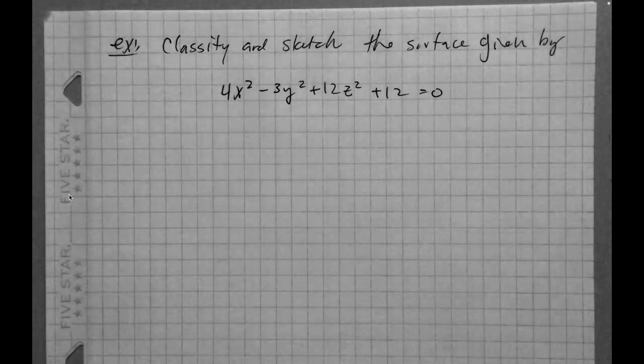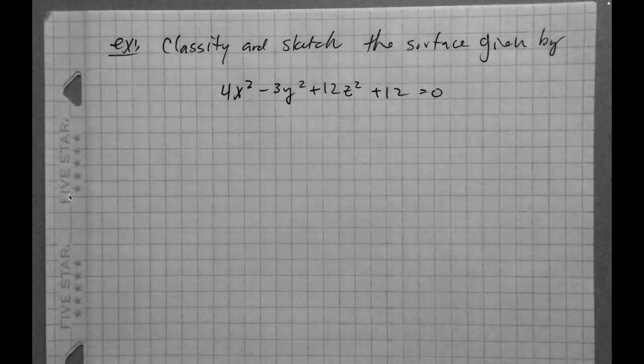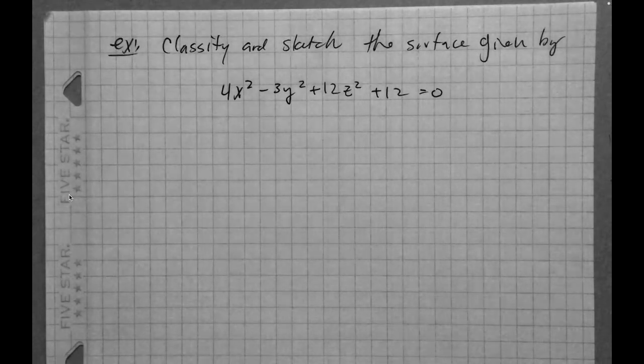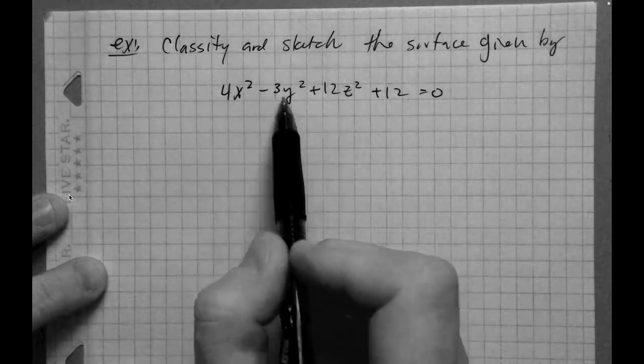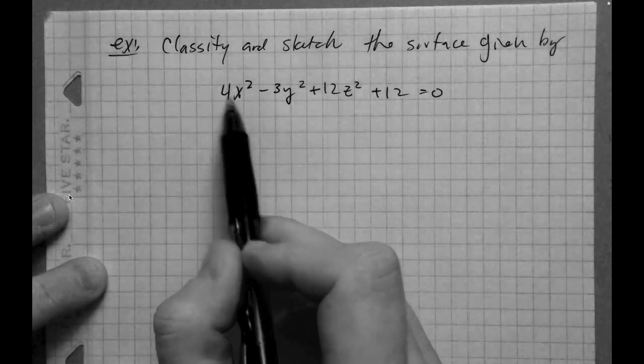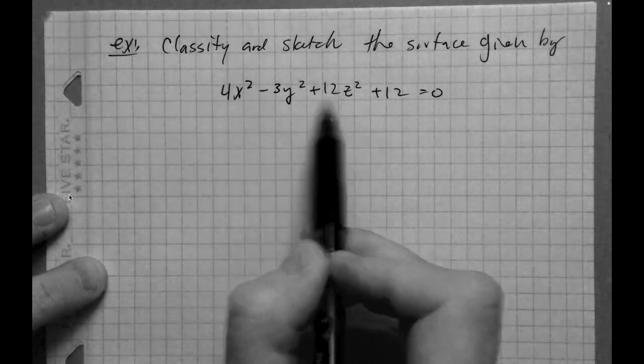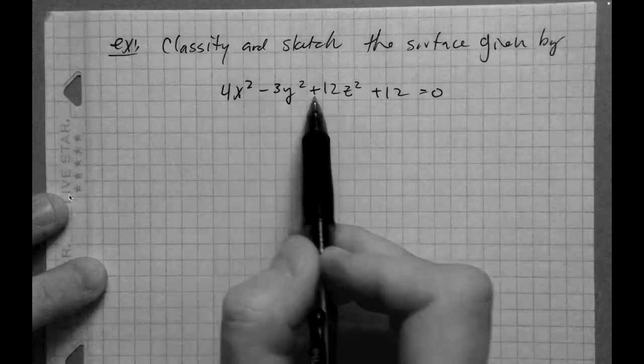Okay, so you got something that looks like this. And so we're told that this is a surface, and this is the equation that represents it. So let's try to put this into standard form. So remember, all of the quartic surfaces have a 1 as the coefficient on the variables.